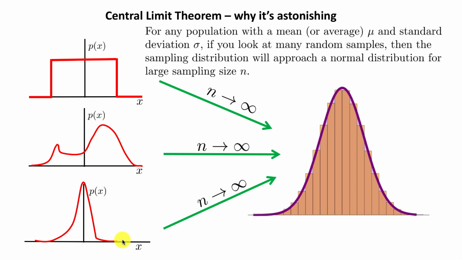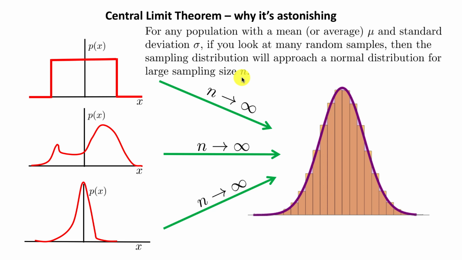As long as it is reasonably well behaved, it says that for any population which has an average and a standard deviation, and of course all of them do, or most of them do, then if you look at many random samples, then the sampling distribution, now this is very important, the sampling distribution will approach a Gaussian or a normal distribution in the limit where the sampling size n becomes larger and larger.